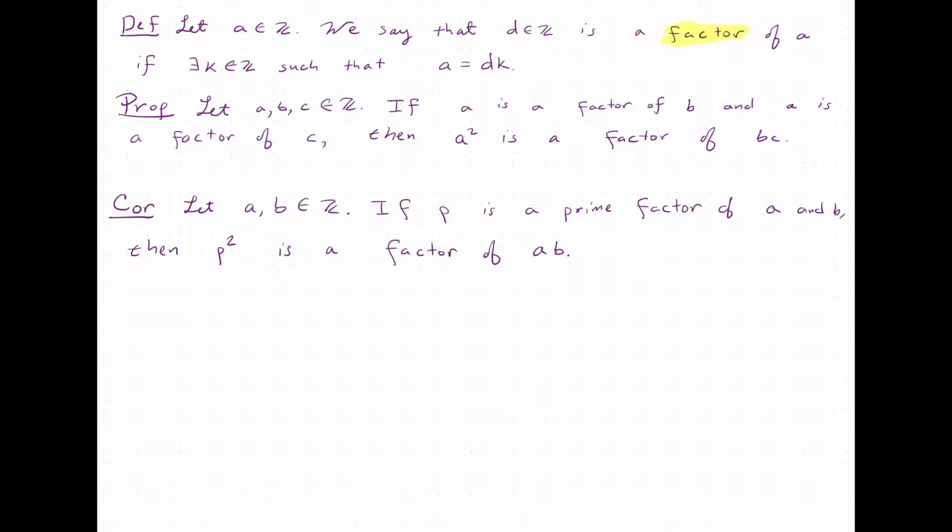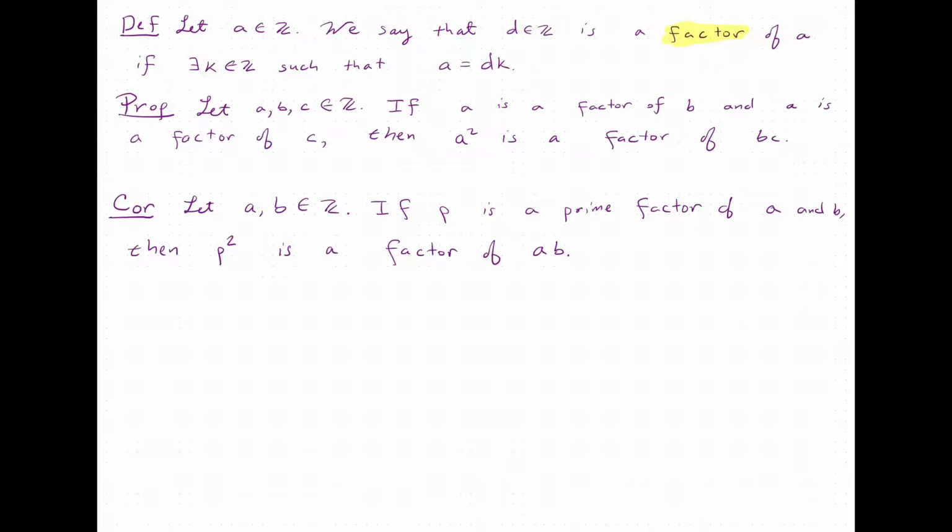Now, as a corollary of this, we have that if A and B are integers, and P is a prime factor of A and B, then P squared is a factor of A times B. And so this is just to emphasize the use of the word corollary.